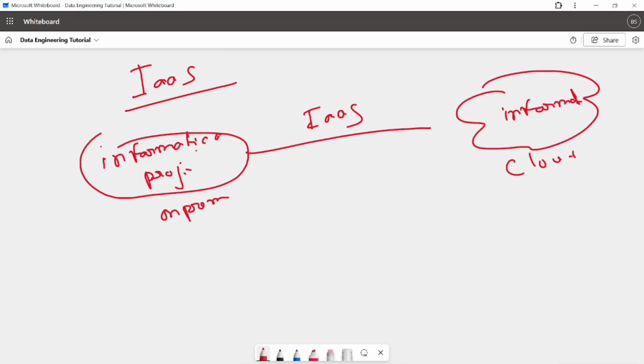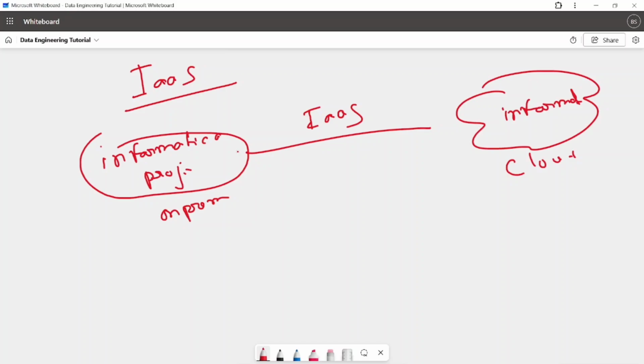In the previous approach they wanted to redesign it. Once they redesign, the platform will be decommissioned, like SSIS. Once they move to the cloud, SSIS will be decommissioned. But in IaaS, infrastructure as a service, you are not going to decommission your product. You want to use the same product only.